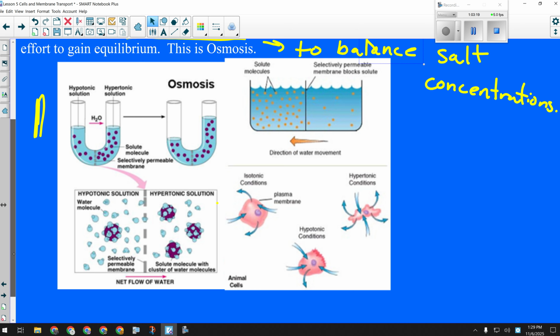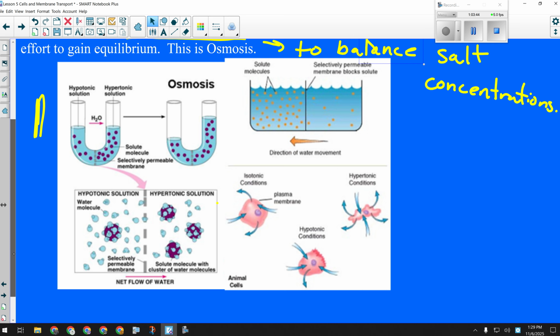If I put a cell in distilled water, the cell will pop, because there's salts inside the cell and there's no salt in distilled water. So the water just rushes across the membrane by osmosis into the cell because there's salt in there. And the cell will just keep getting bigger and bigger until it pops, because there's no way to balance it when there's none on one side and some on the other.